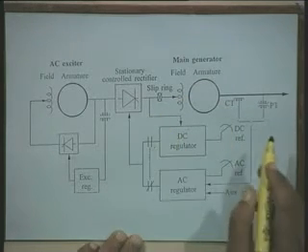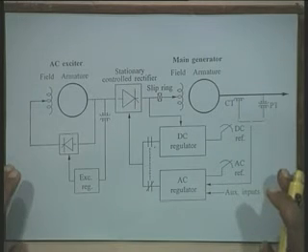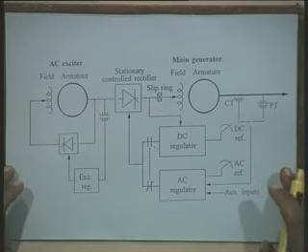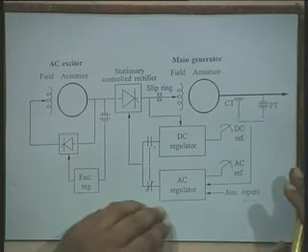Therefore, in this AC exciter we still have the presence of slip rings, and another alternative arrangement which has been used is where we do not make use of slip rings, and that is called the brushless excitation system.